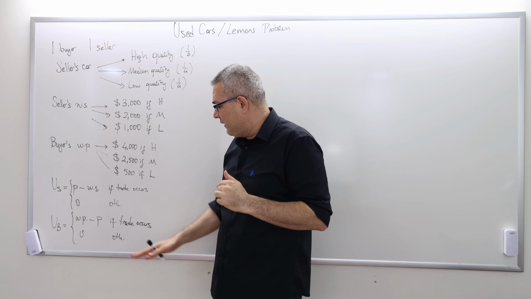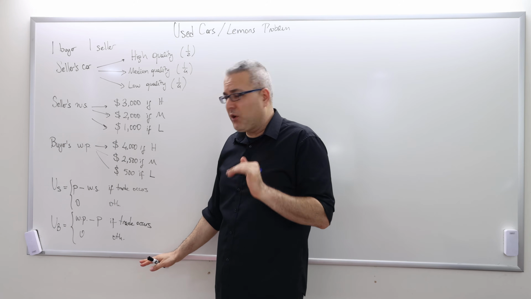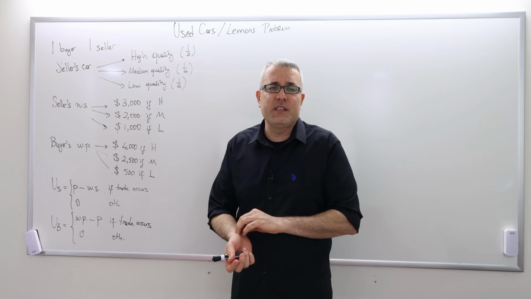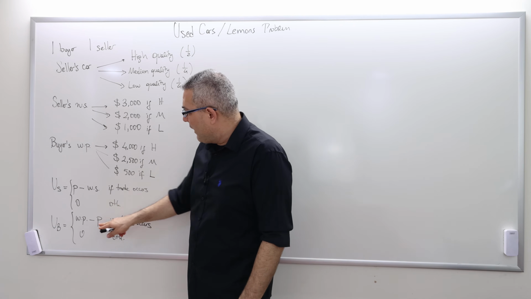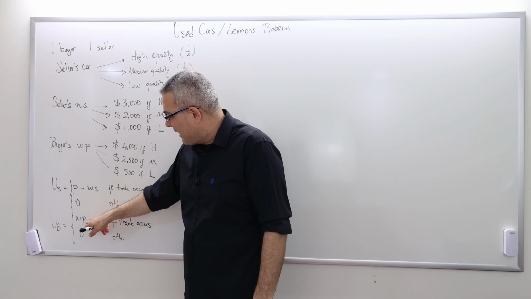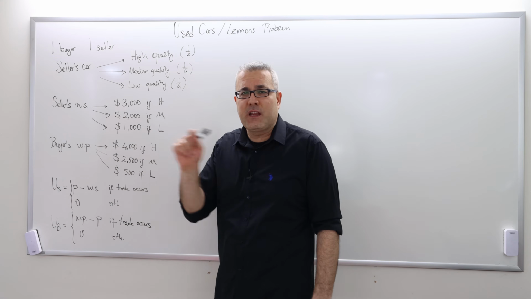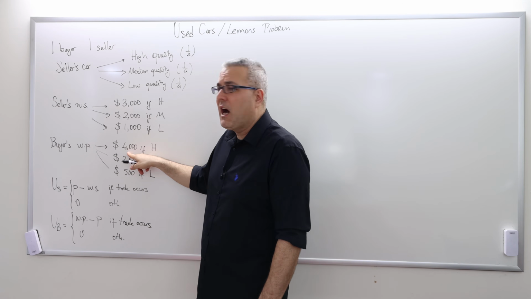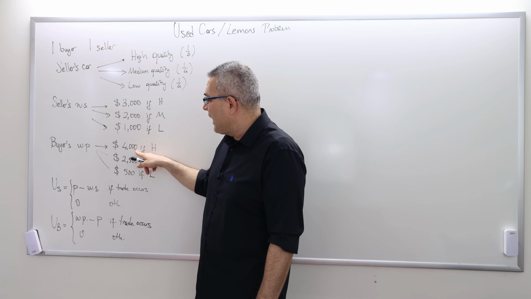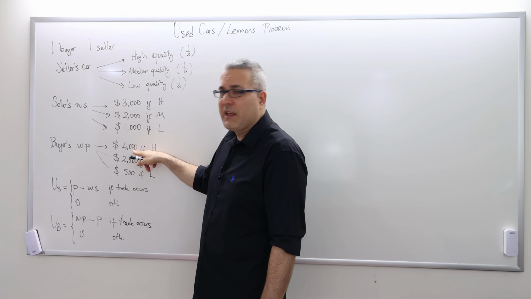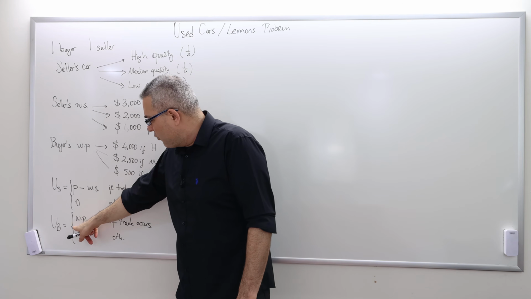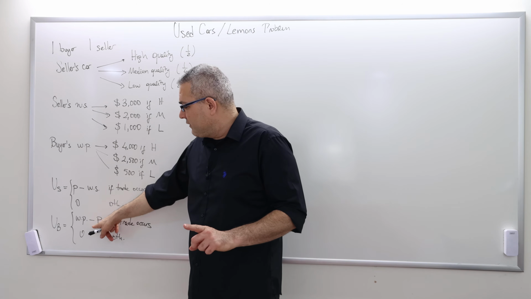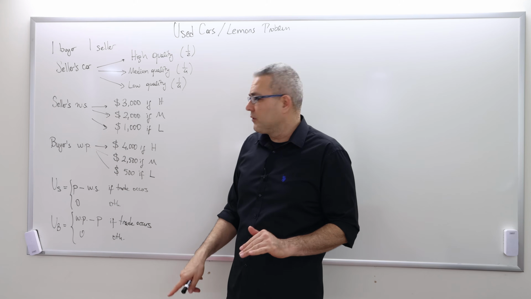This is the net benefit if the trade occurs at a price P. If the trade does not occur, the buyer's utility is zero. Therefore, the buyer will never pay a price higher than his willingness to pay for that specific car. So if the buyer knows the car is high quality, he's willing to accept any price lower than $4,000.